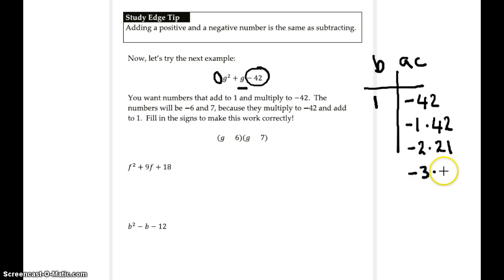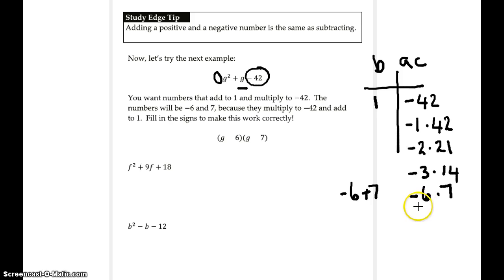3 times 14, 4 doesn't go in, 5 doesn't go in, 6, negative 6 times 7, negative 6 plus 7 equals 1. And so you can see simply I do 1 into 42, 42, 2 into 42, 21, 3 into 42, 14, keep working through.